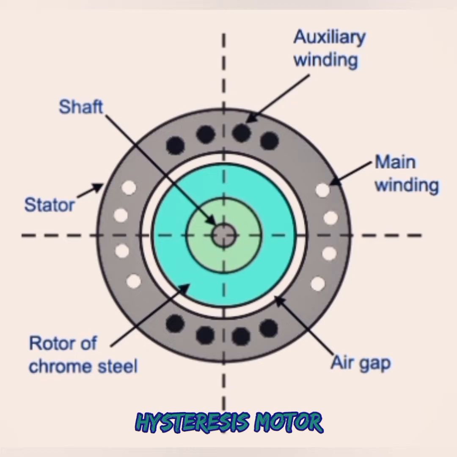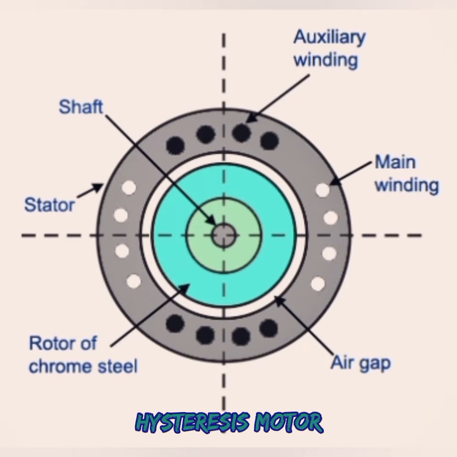This is the structure of your hysteresis motor. Here we have a stator with an auxiliary winding and a main winding, and the rotor, which is made up of a ferromagnetic material, chrome steel.